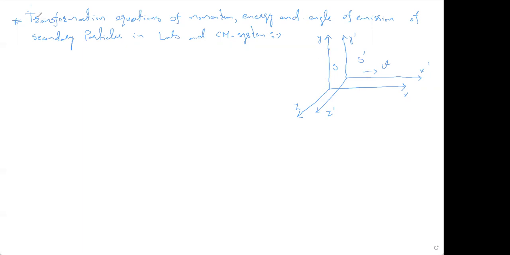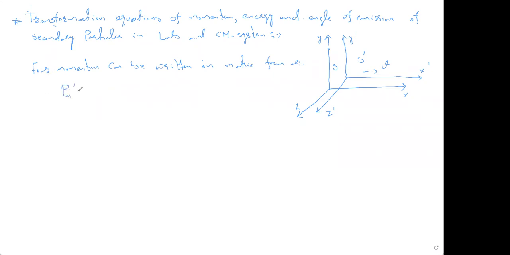Now, we have also obtained one relation, that is what we call the four momentum. So the four momentum in matrix form can be written as, just as we call it a four vector, similarly we can write the four momentum too.